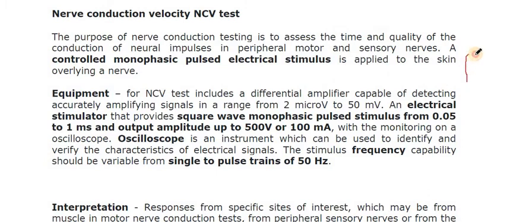So the pulse is similar but very low in amplitude, and now these pulses are given. Then we detect the effect on the muscle, and we also detect the time taken by the effect, so the time between the current given and the effect produced by the muscle.